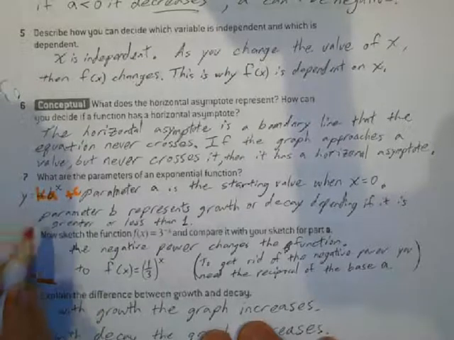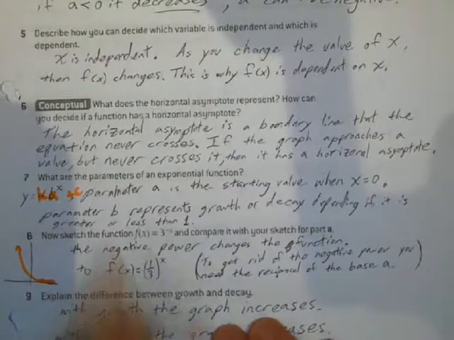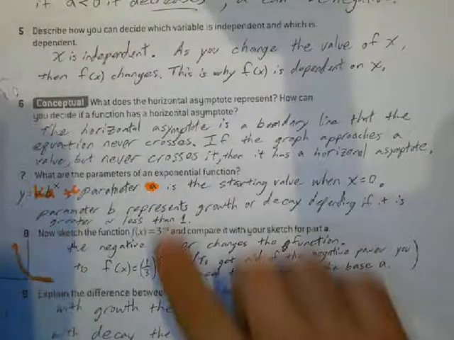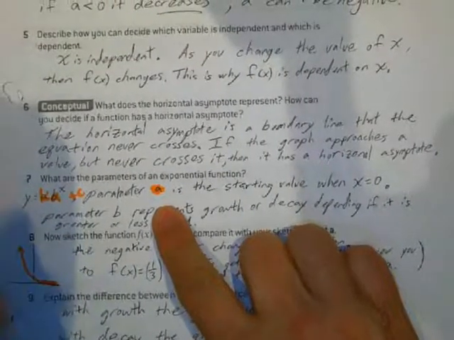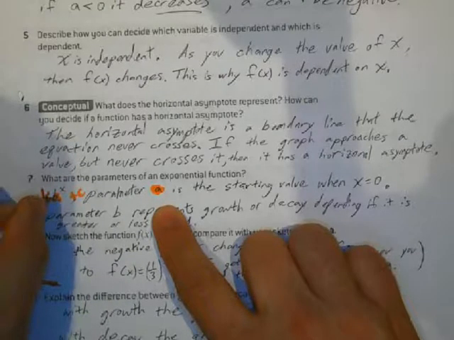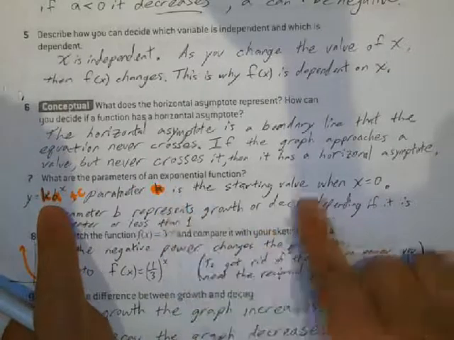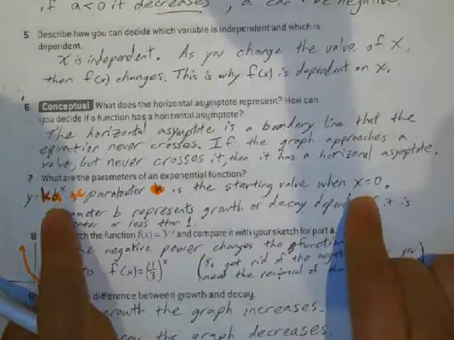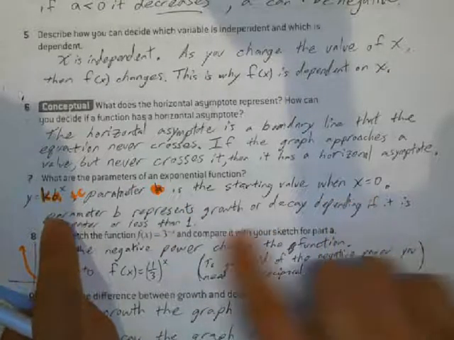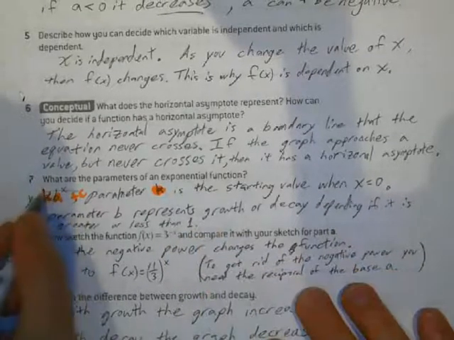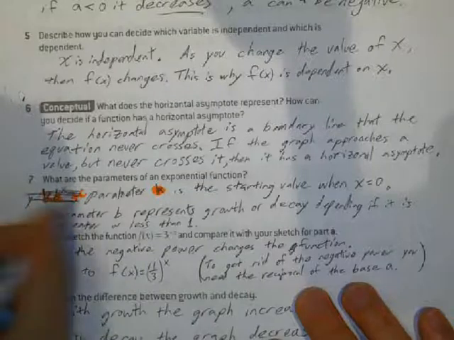So let's change this now. So k is the starting point when x is equal to 0. Okay, let's do this how I originally had it here.